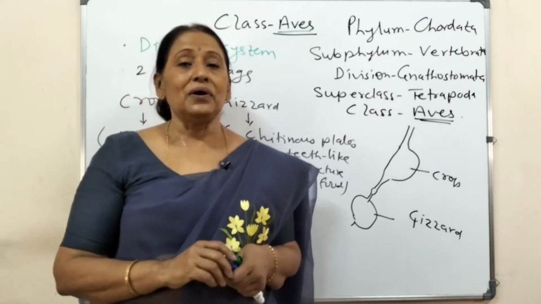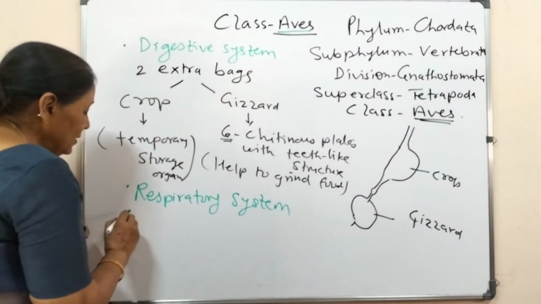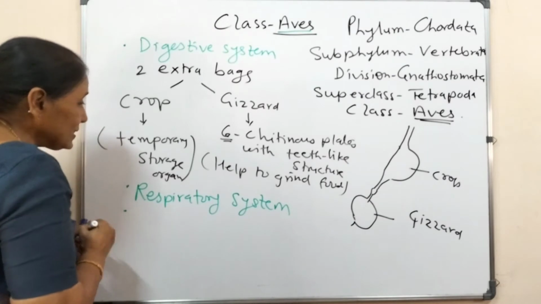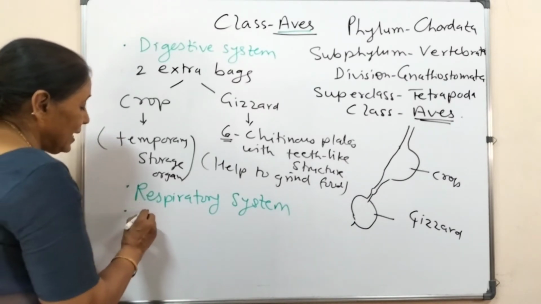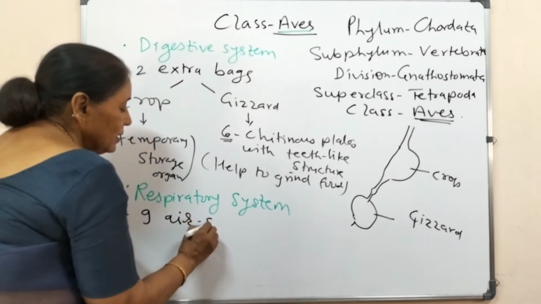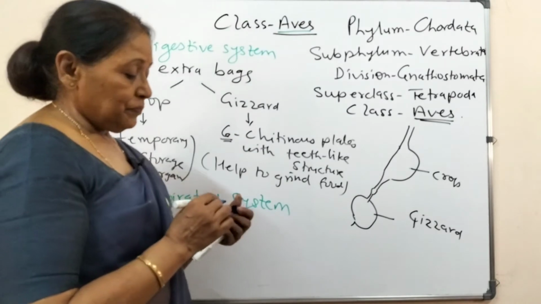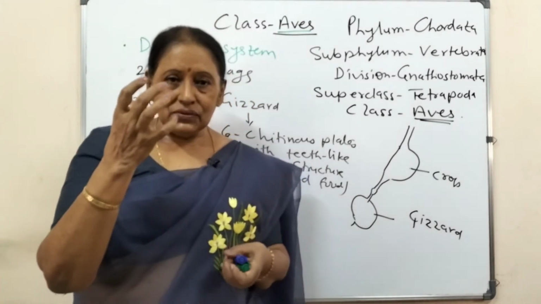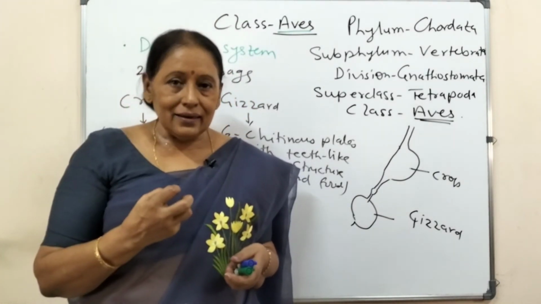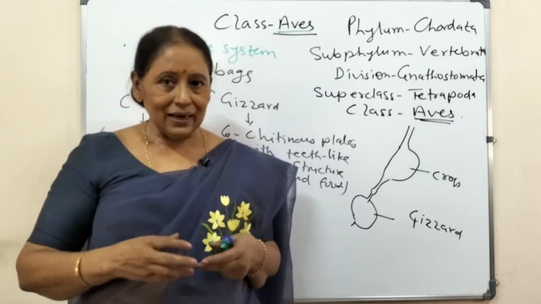But in case of birds, there is something peculiar. They have 9 air sacs, not 9 pairs. What is the function of these air sacs? When the bird is inhaling, the air goes into the air sacs and into the lungs.